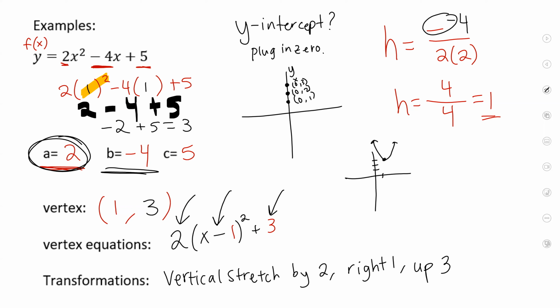So you just plug in zeros. So this equation right here that we started off with, if I plug in a 0 here and a 0 here, what's my y-intercept? 5. So guys, basically it's always 0 and then the c value, which was 5. Does that make sense, how to find the y-intercept? Okay. If not, let me do one more example.